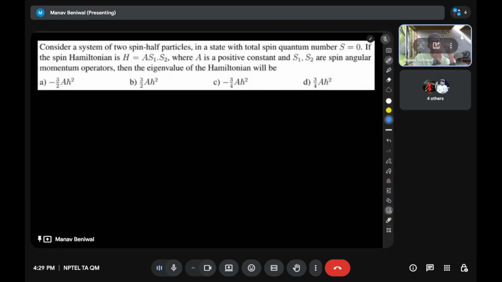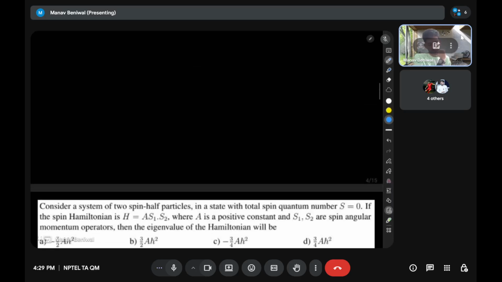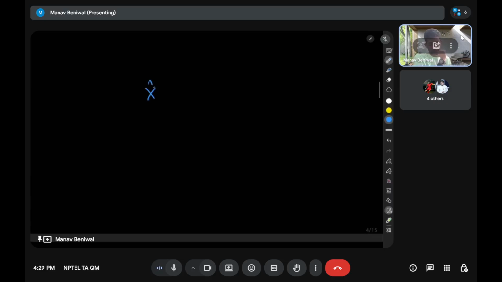One thing is that in Ehrenfest theorem, we have to consider the expectation values, right? So we consider not the operator values, but the expectation values. For example, instead of x, we should have the expectation value of x.